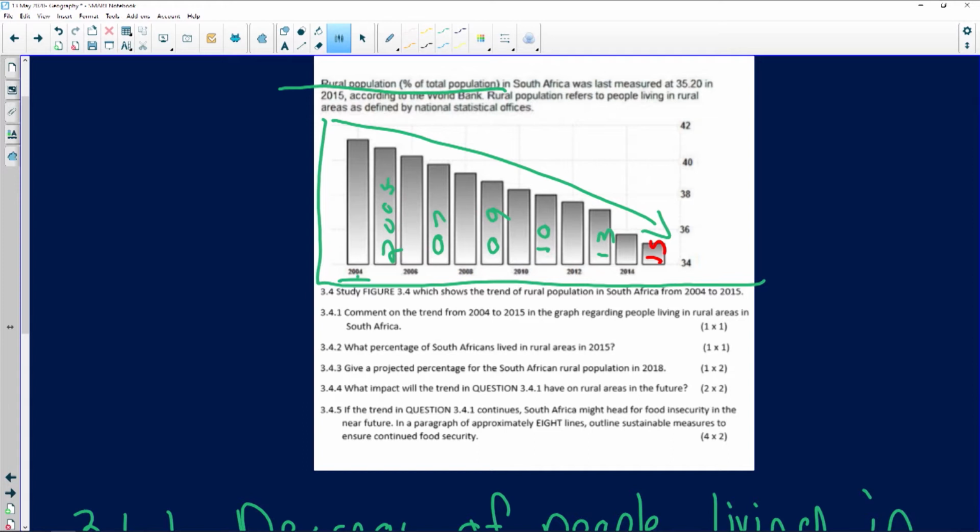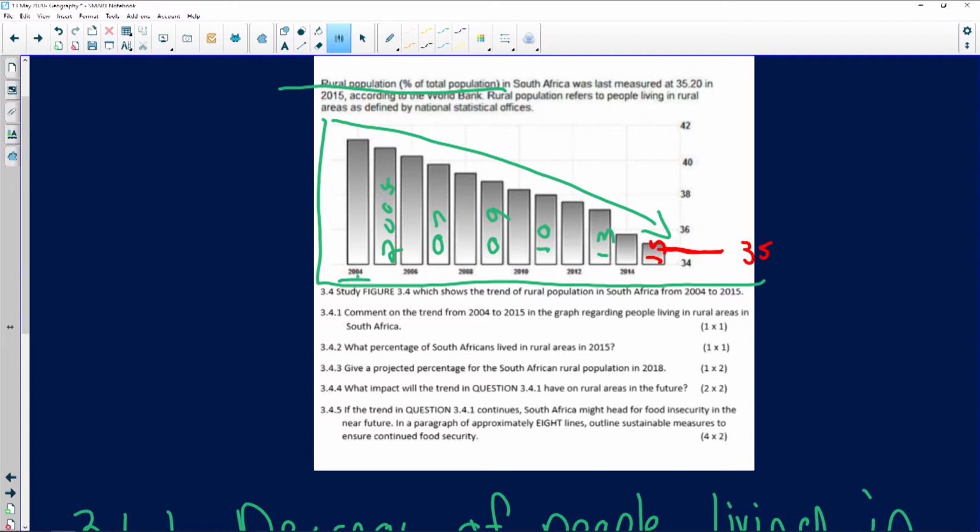So that small bar right at the end represents 2015. Now the question states, what percentage of South Africans lived in rural areas in 2015? Now if that's 34% and that's 36%, if I had to draw a line right in the middle between the two of them, that will represent 35%, am I correct?